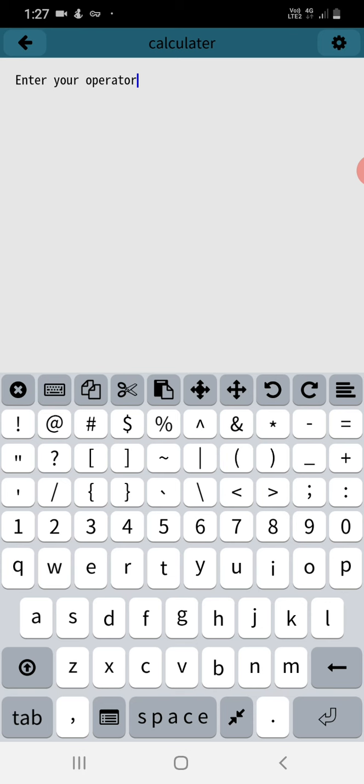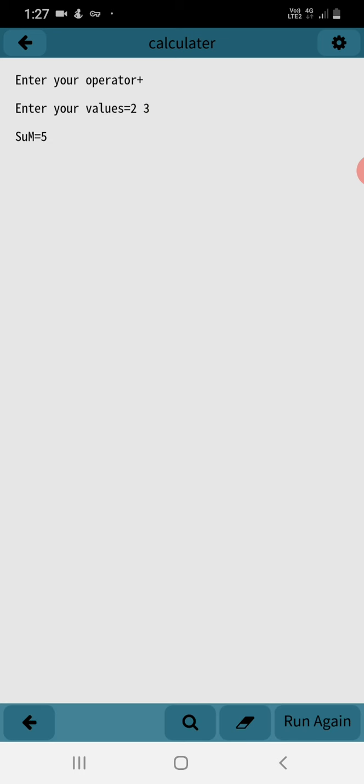First one, plus. I am giving my operator as plus. Enter your values, any two values, 2 space 3. Sum is equal to 5, 2 plus 3 is 5, so we have gotten the sum.